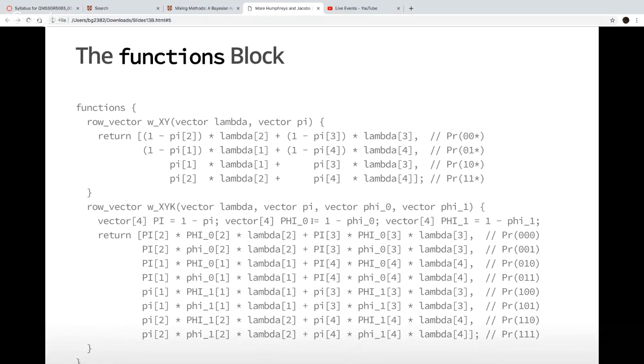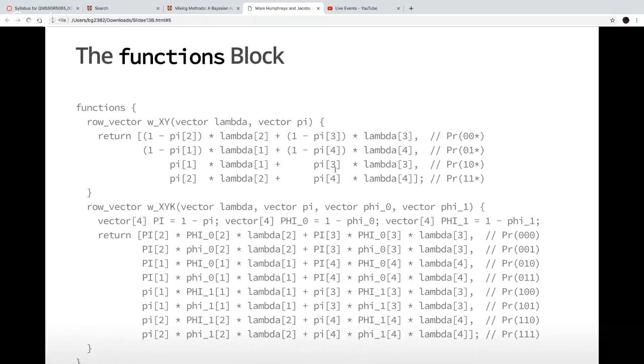We start by defining, in the functions block of our Stan program, the two functions that calculate the simplex vector we're going to need to evaluate the multinomial likelihood in the Humphreys and Jacobs paper, where the log likelihood consists of the sum of two multinomials.